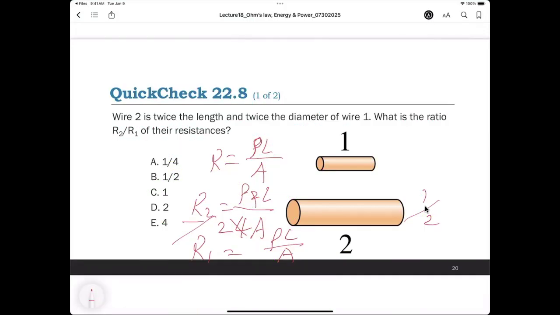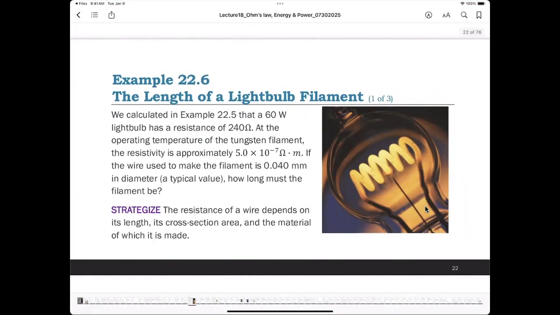Let's talk about this example: the length of a light bulb filament.